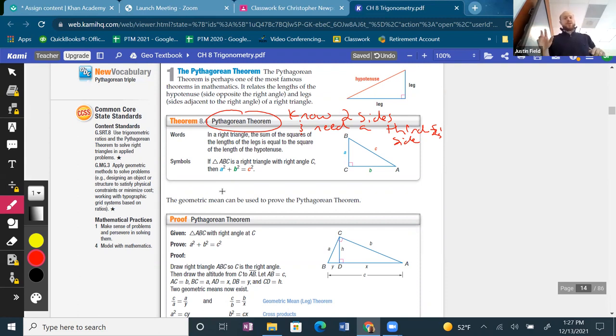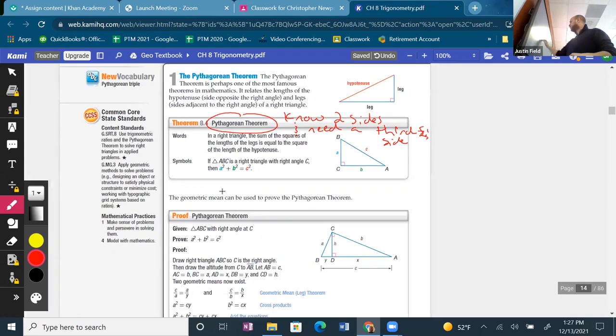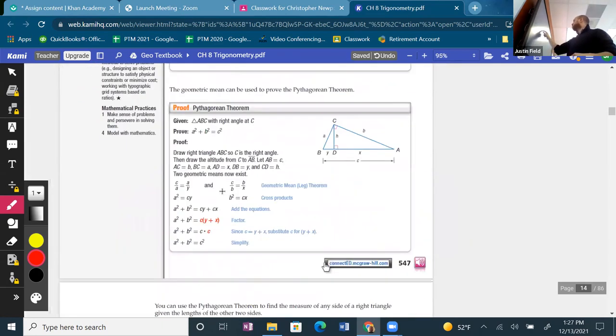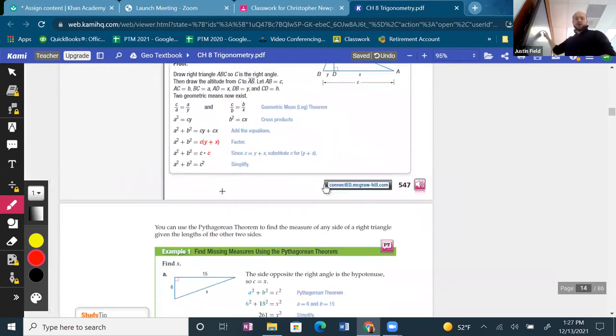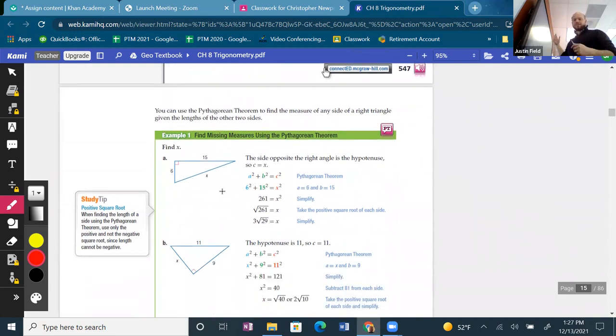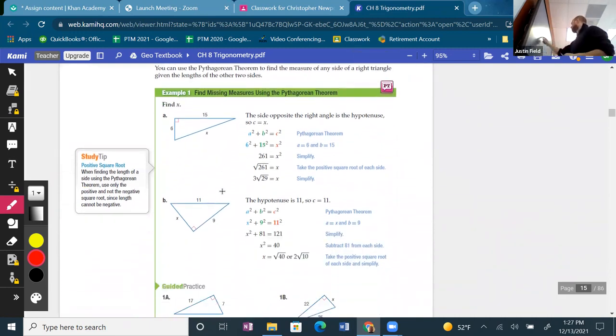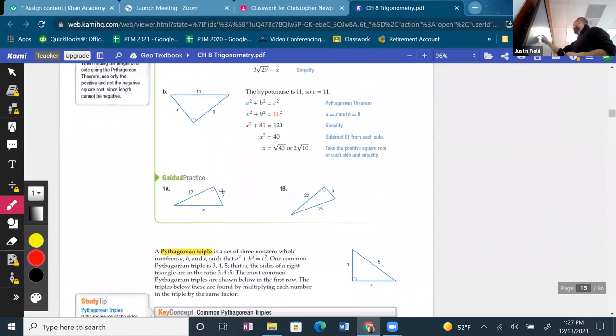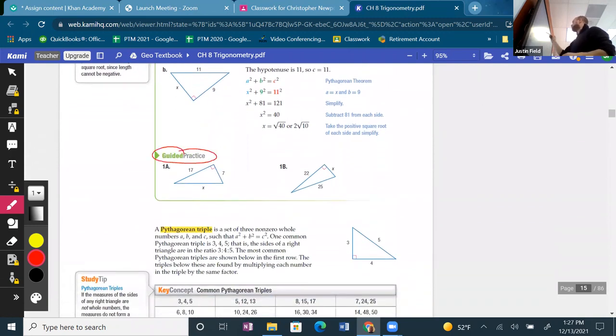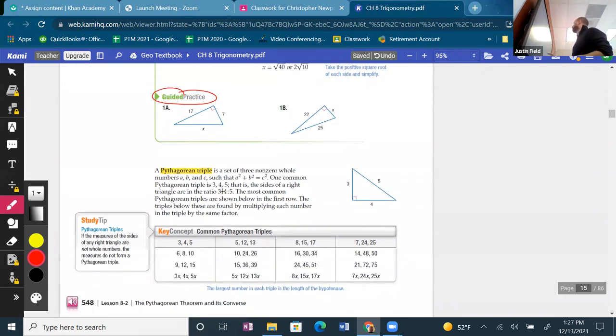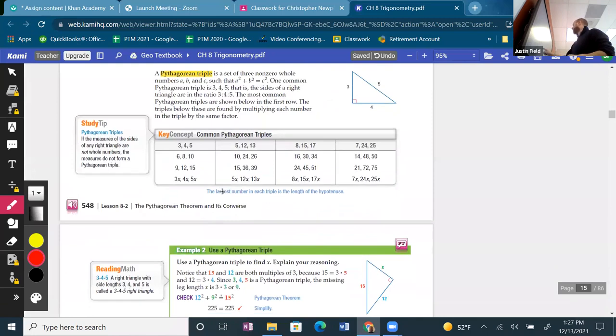Very exciting. But with the Pythagorean theorem, we know two sides, and of course, we did this with the distance formula. I should know the Pythagorean theorem. Okay, so go ahead and pause the video and do those guided practice problems. And if you're not sure about them, you can put those in the organizer.